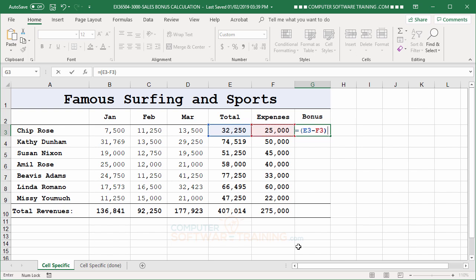Now we're going to take the difference, and whatever that difference is, we're going to multiply it by 0.25, see? The reason we had to use the parentheses is that we don't want 25% of the expenses of the F3. We want 25% of the total within the parentheses, all right?